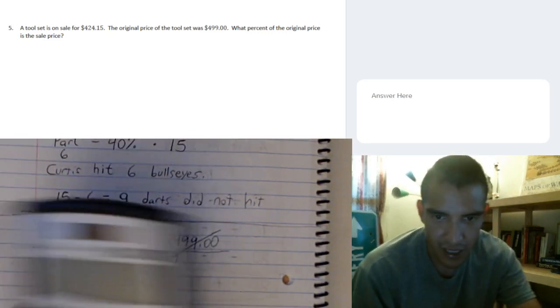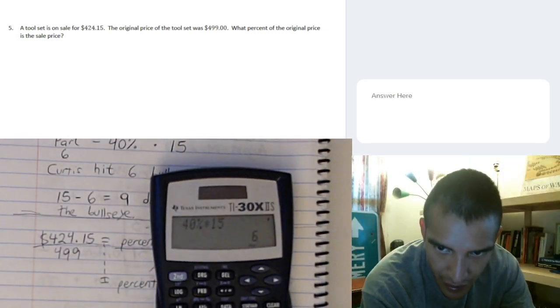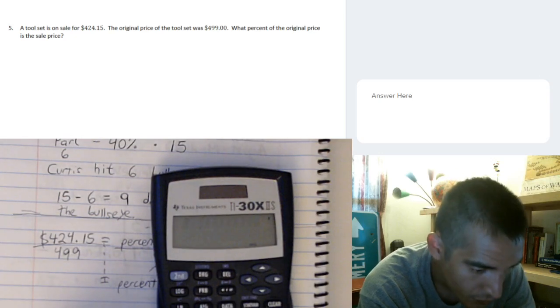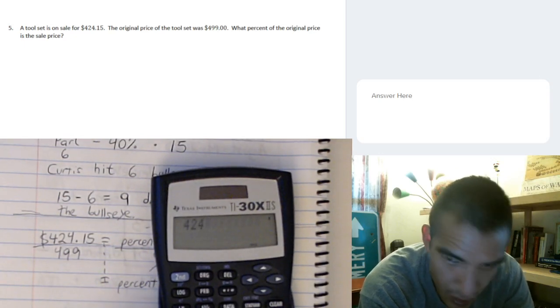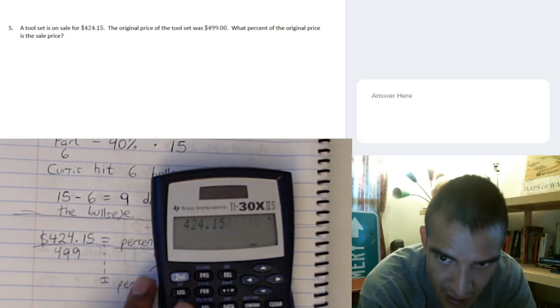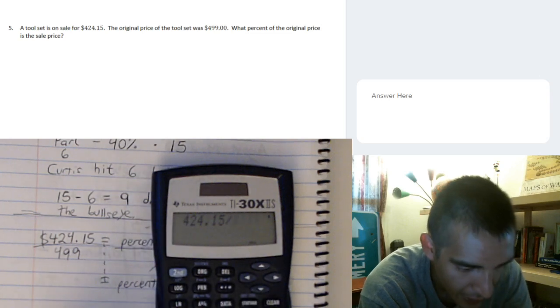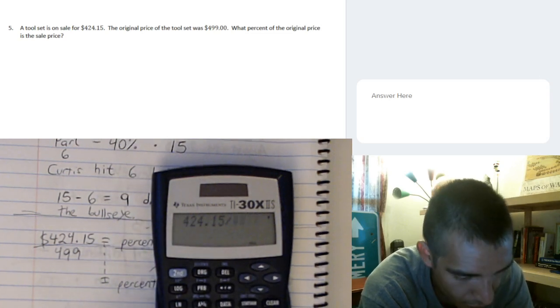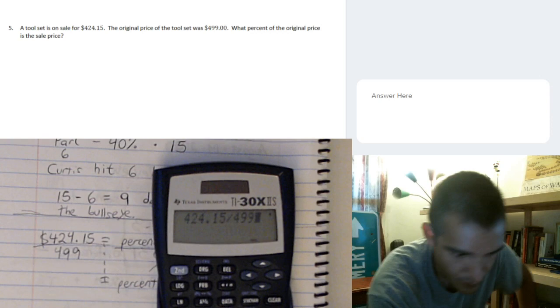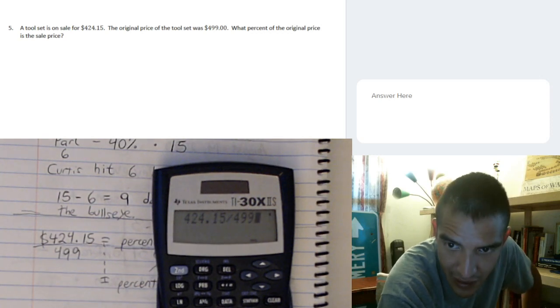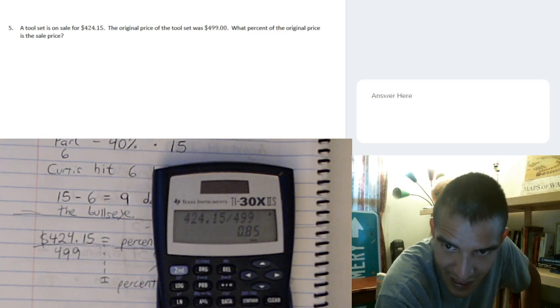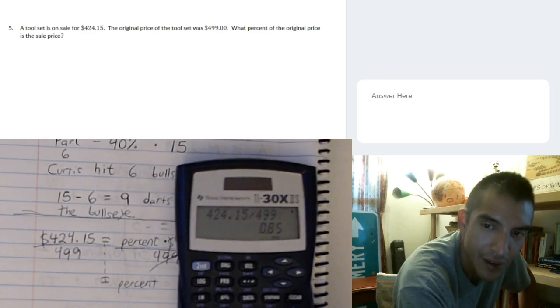Let's get on your calculator and figure out the value of that. $424.15 divided by, or out of, 499. Go ahead and hit enter, and you get a decimal, 0.85.